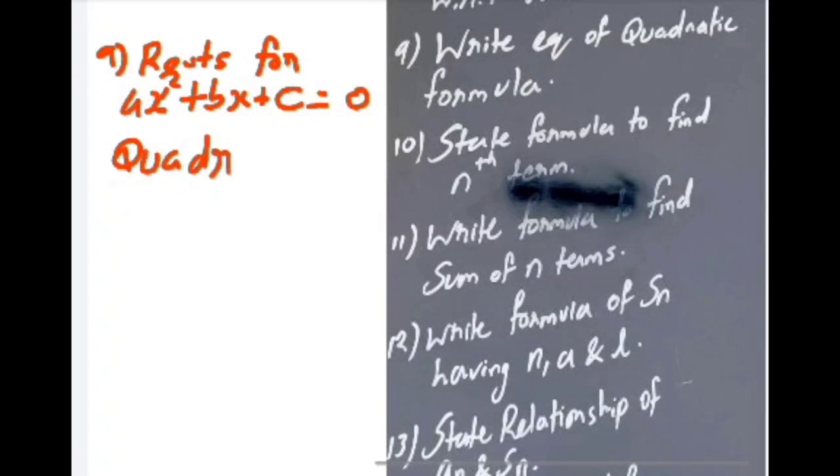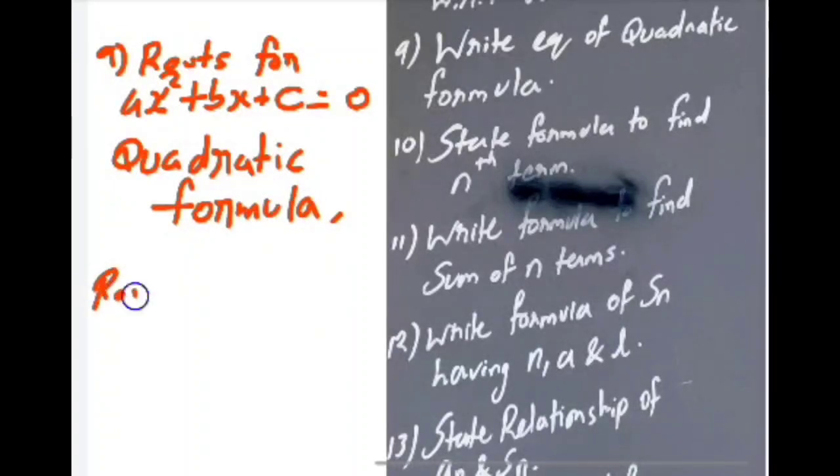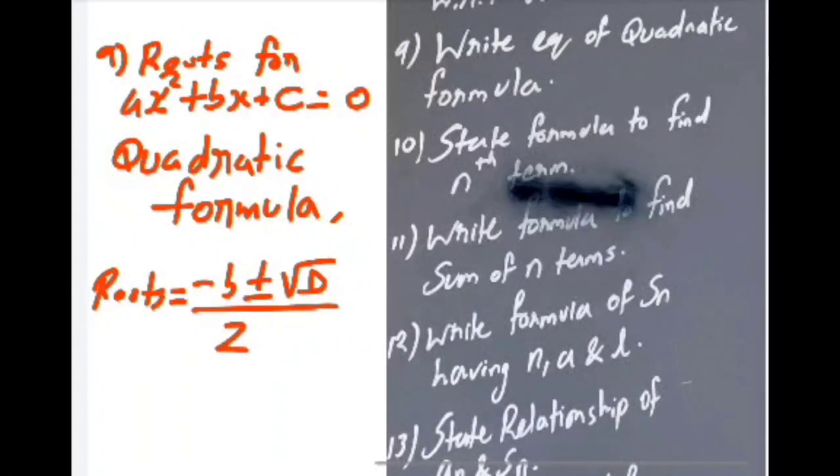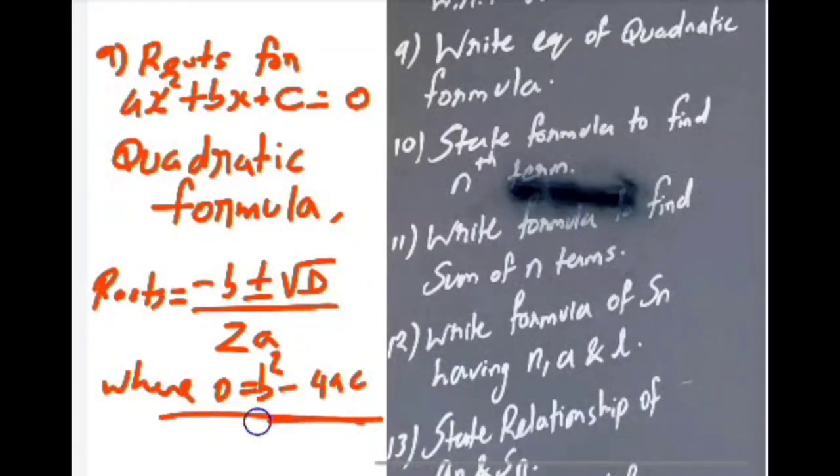So what is quadratic formula? So that will be roots is equal to minus b plus or minus root d upon 2a, where d is discriminant, that what we have written, b square minus 4ac. So this is quadratic formula. Okay, now let's see the next one.